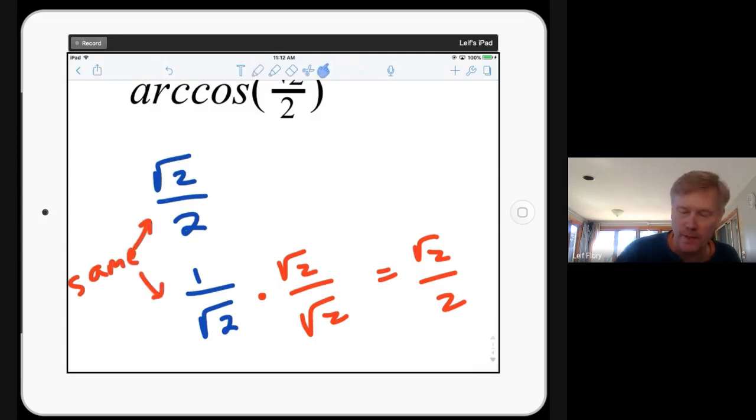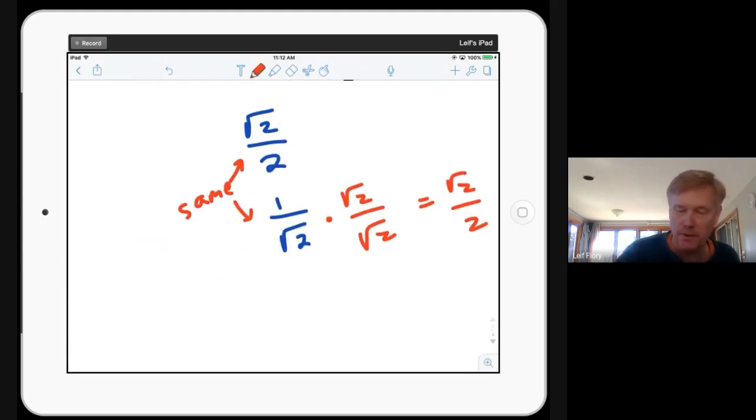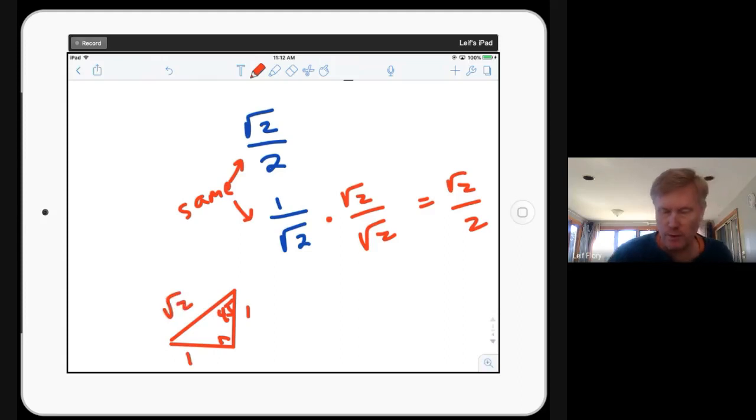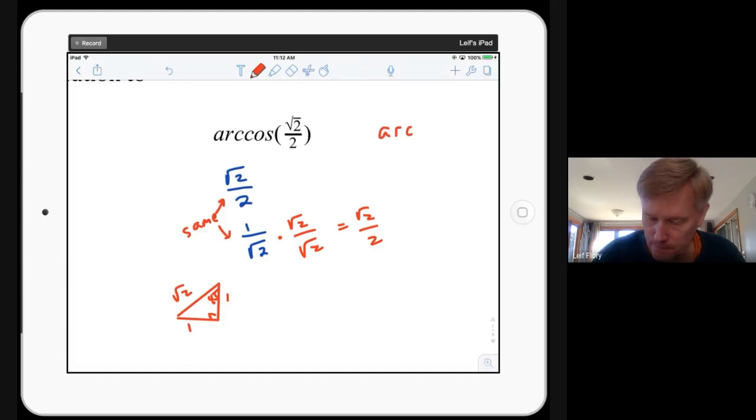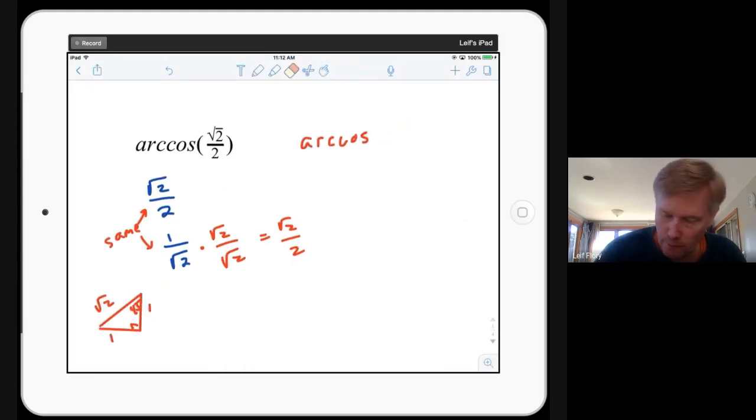Usually the one on the bottom is the one I want to use, because if I'm looking at this as one of those special right triangles, this one turns out to be the 45, 45, 90, with sides 1, 1, square root of 2. So remember that the arc cosine, let me put a theta there just so we have something, is the same as inverse cosine of theta, okay?